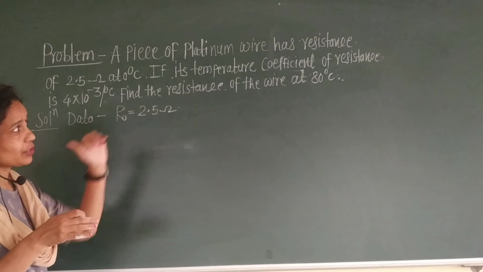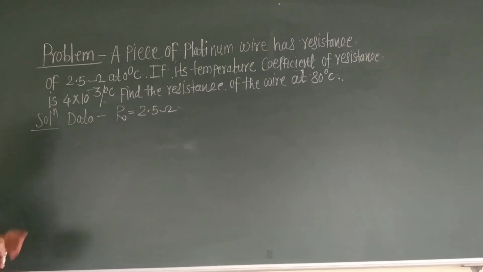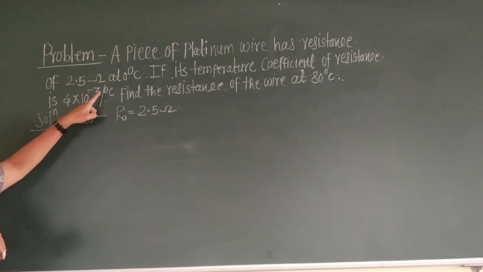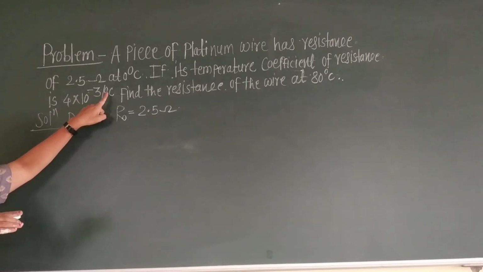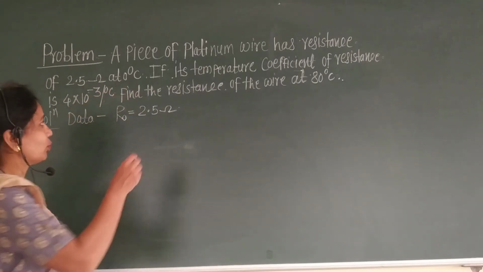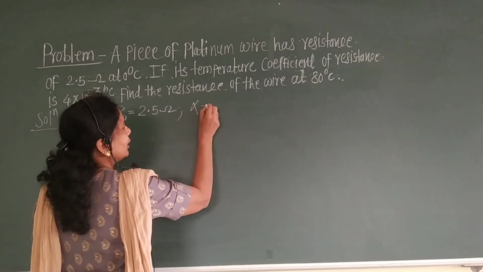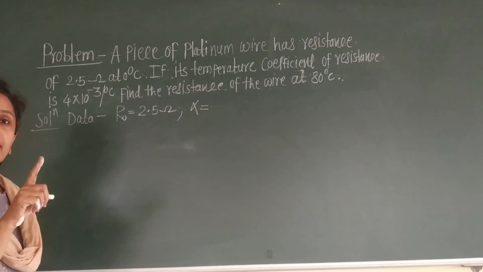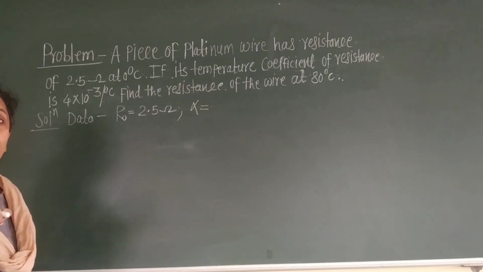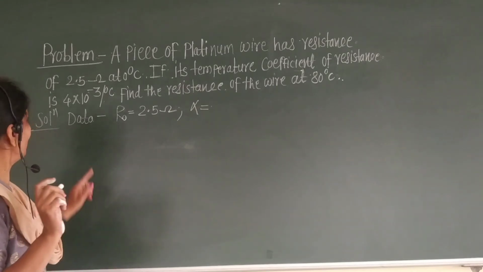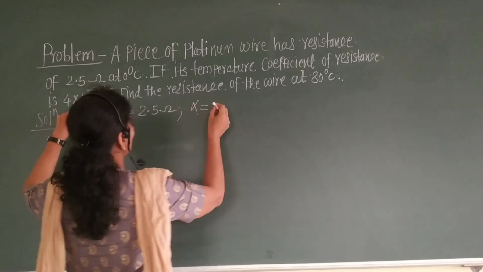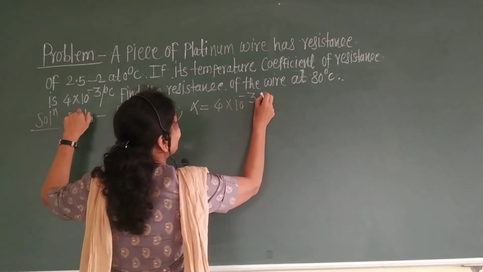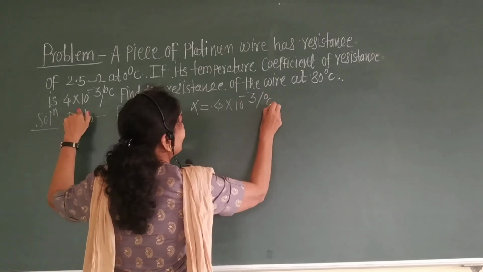Its temperature coefficient of resistance is 4 into 10 raised to minus 3 per degree Celsius. This quantity is alpha, called the temperature coefficient of resistance. It is a constant and equal to 4 into 10 raised to minus 3 per degree Celsius.